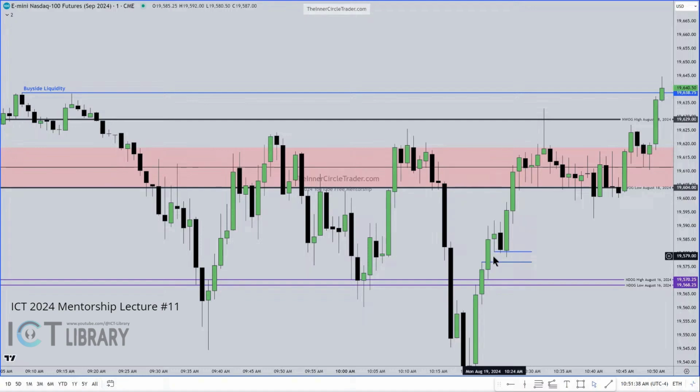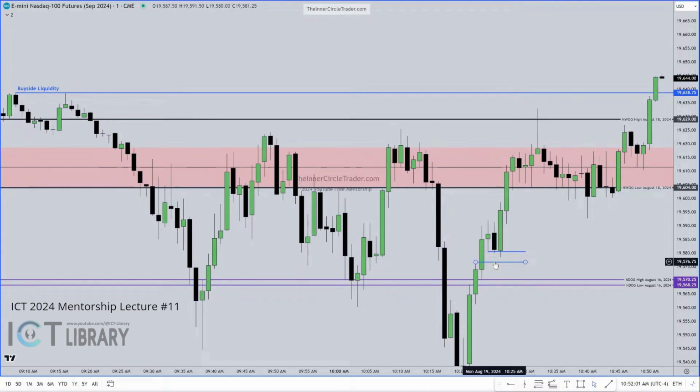So the fair value gap, we don't need it to come all the way down to the low end, because that's what folks that are prematurely trying to teach my concepts are saying, that you can get filled at the low end and you'll have the best, and your stop loss will be micro, short, and small. You don't need that, because if you haven't picked up on what I've been laying down here, knowing where the market's going to gravitate and draw to is more important.